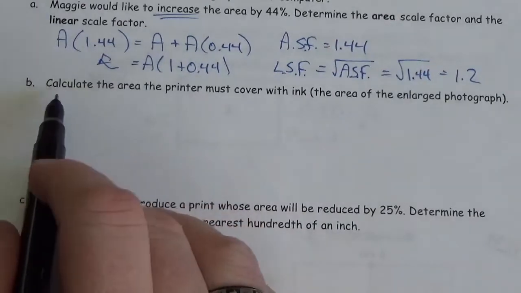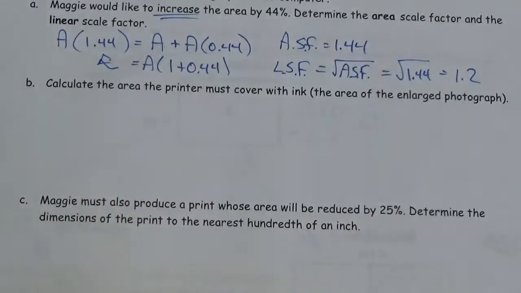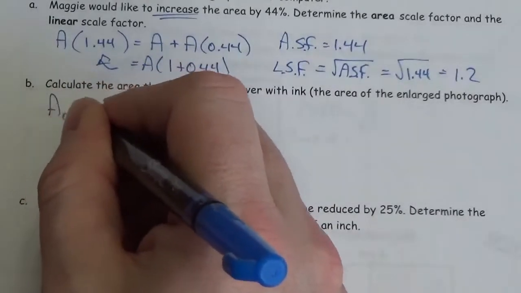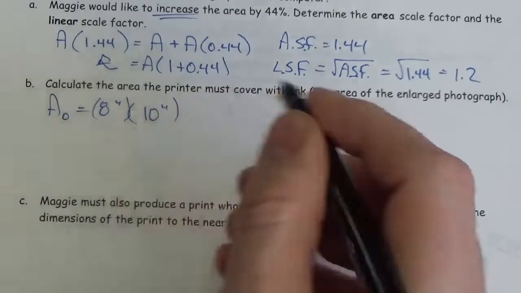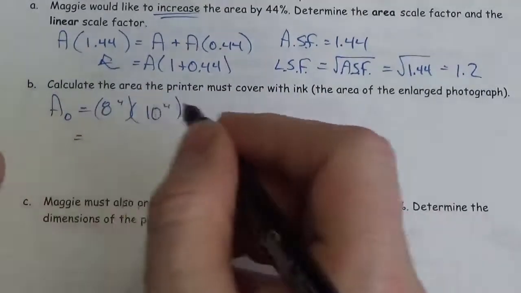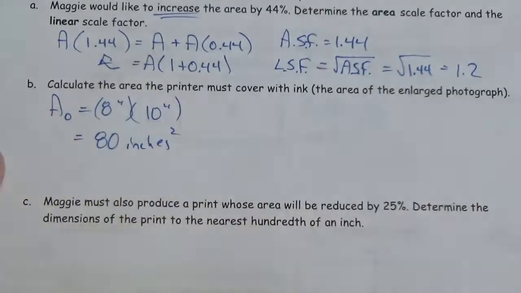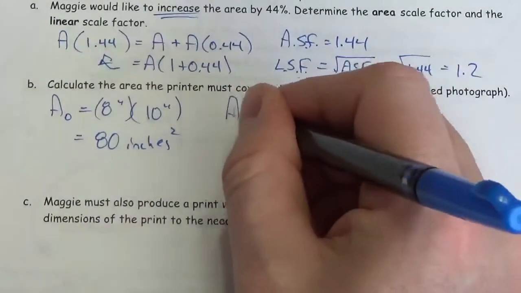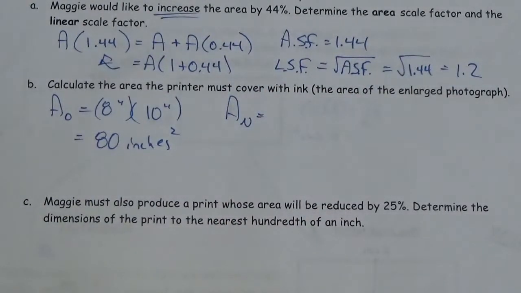So now the next part of this question is to calculate the area the printer must cover with ink. Well, we know that the area of the original was 8 inches multiplied by 10 inches, so that's just going to be 80 inches squared. To get the area of the new one, I'm going to multiply by the conversion factor.